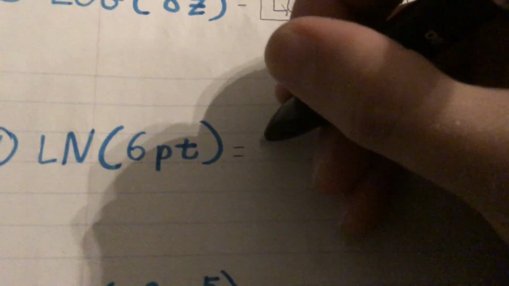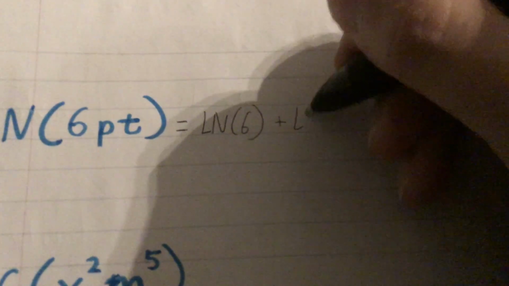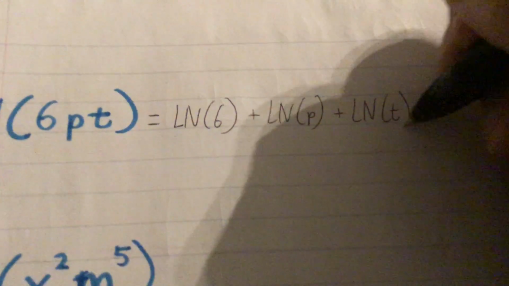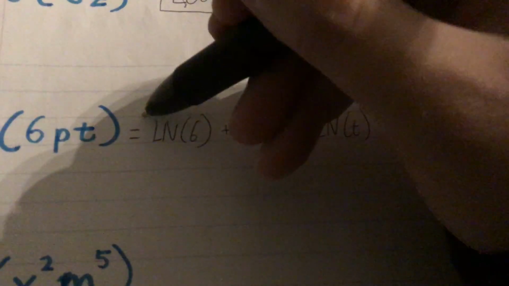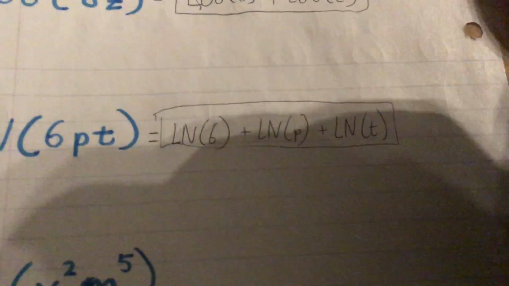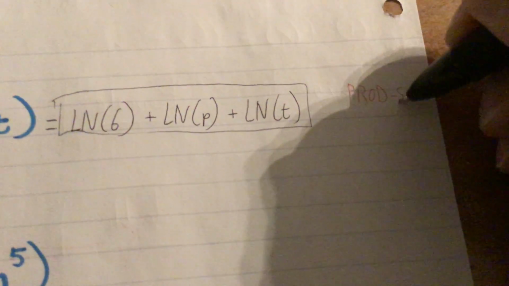So that would be the natural log of 6 plus the natural log of p plus the natural log of t by the product sum rule. Okay.